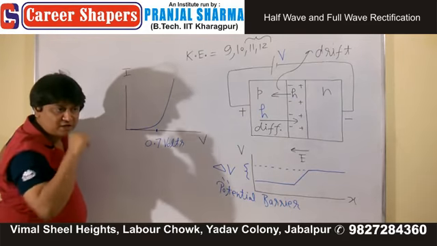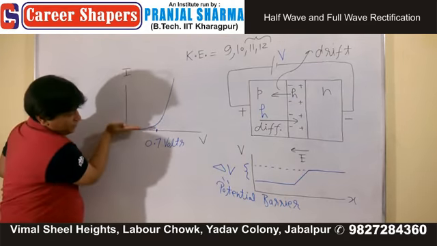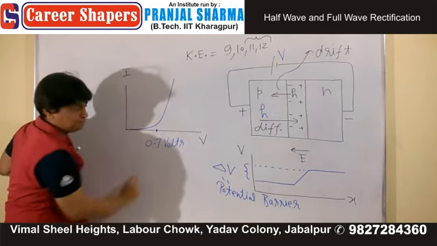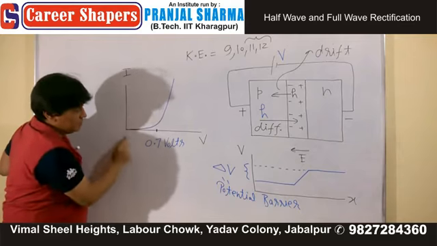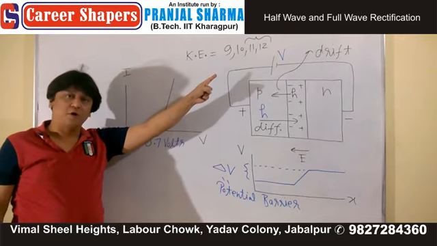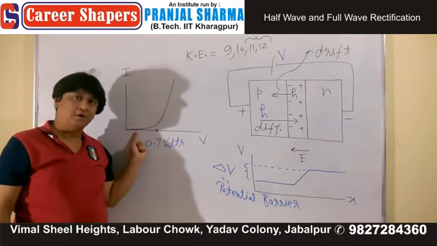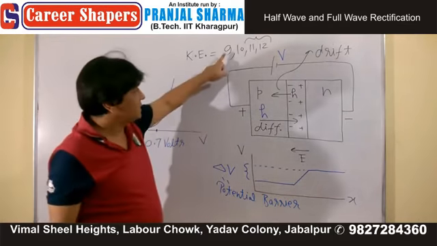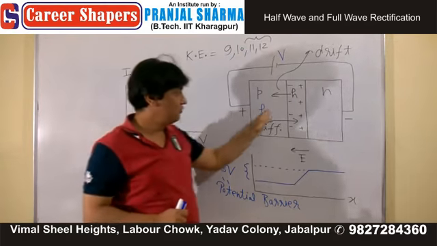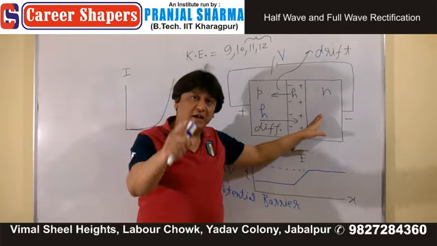I hope you can see the graph. In the graph, the portion is a raised portion. It's not touching this, slightly above. So, the moment you increase your forward bias voltage, you find that 9 and 10, these holes, they also move and increase what?